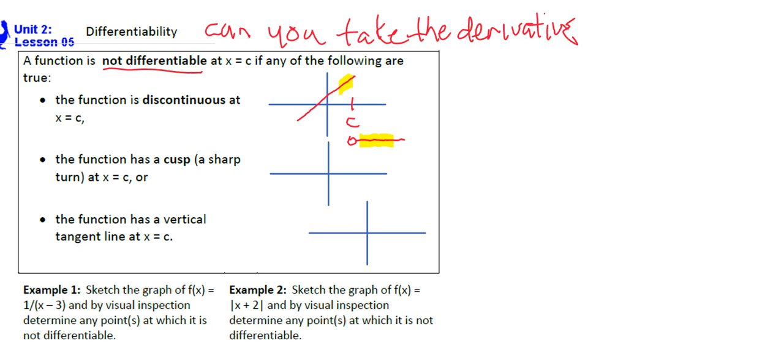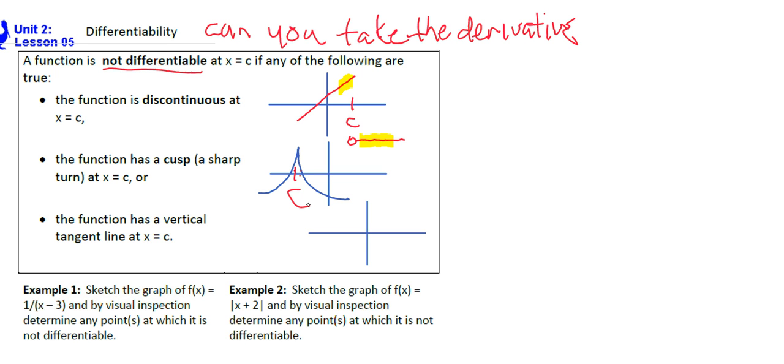Another scenario that we'll look at is if you have what's called a cusp, or a sharp turn or sharp corner. So you may have something that looks like this, and that's also defined at c in this definition.